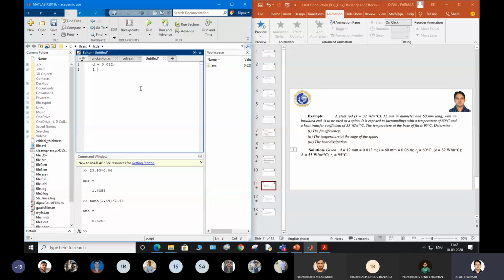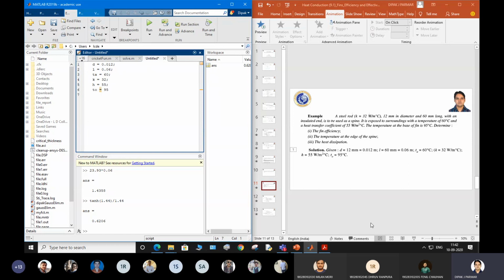Length is given as 0.06 meter. Then TA is given as 60. Conductivity of the material is given as 32. Then the convective heat transfer coefficient is given as 55, and T0 is given as 95.